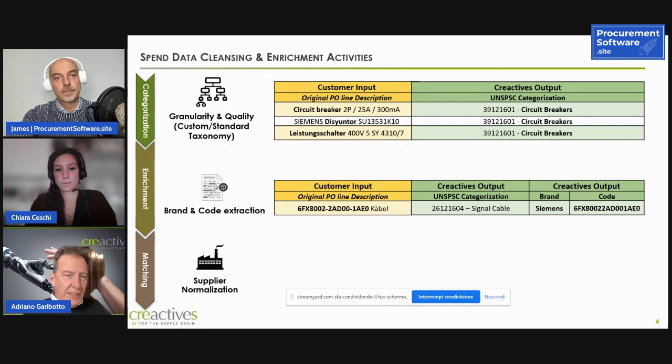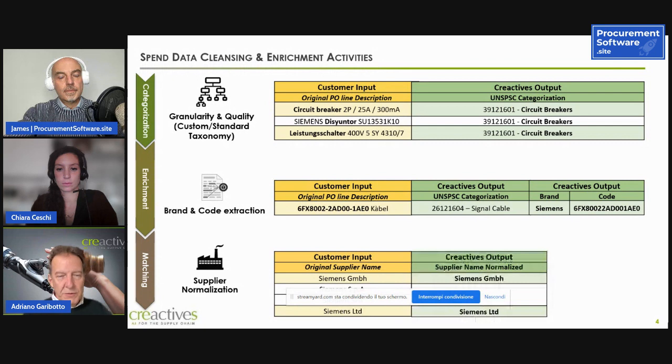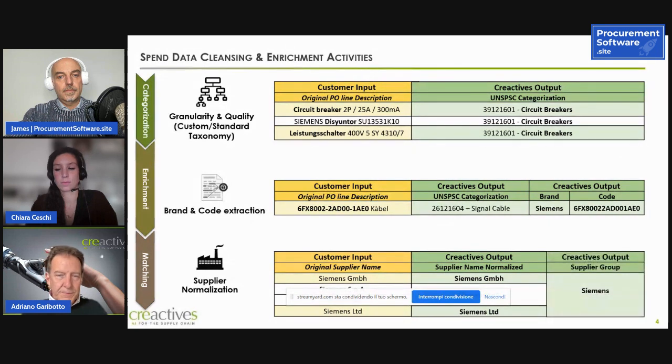And because the legal entities are many times encoded in different ways in different ERPs, you must know really how much you are buying or how much you are dealing with, for example, in this case, Siemens, in order to have better leverage to make better negotiation, even if those legal entities have been encoded in different ways in different systems. And right now, they really belong to a single producer.